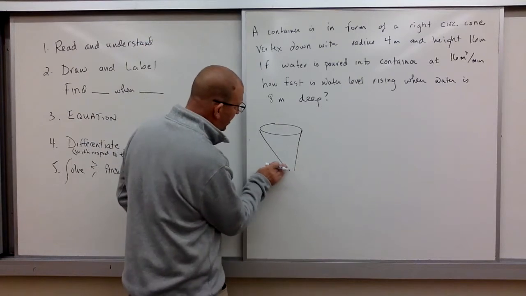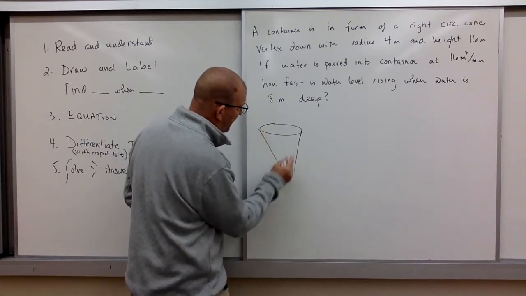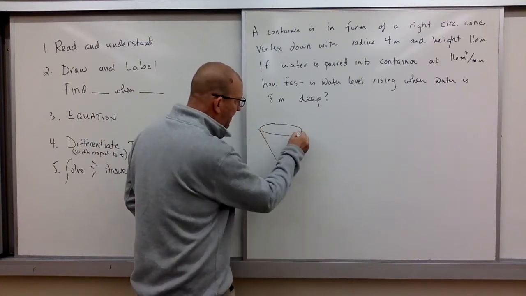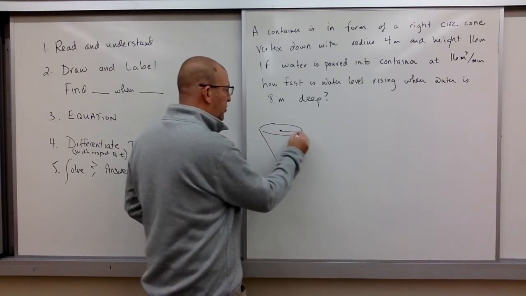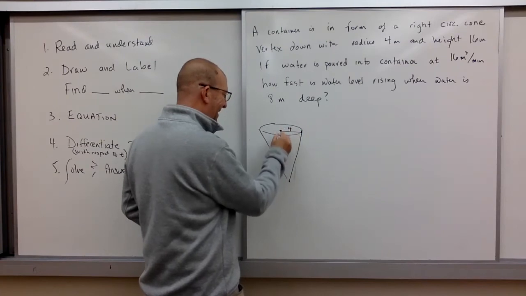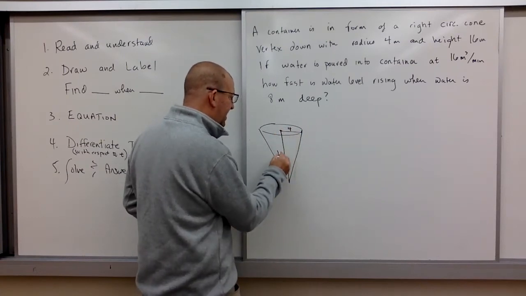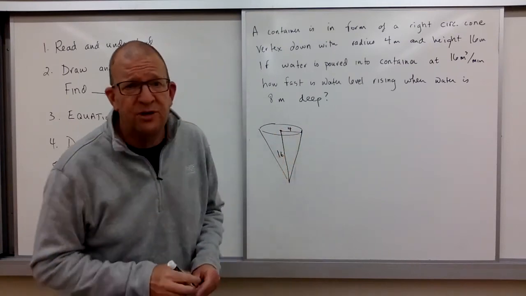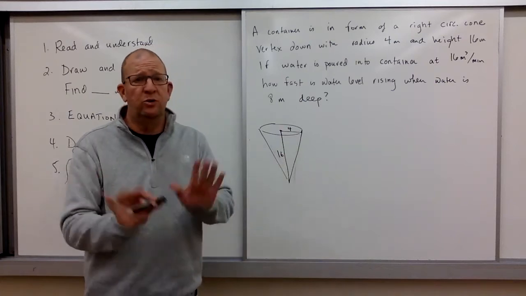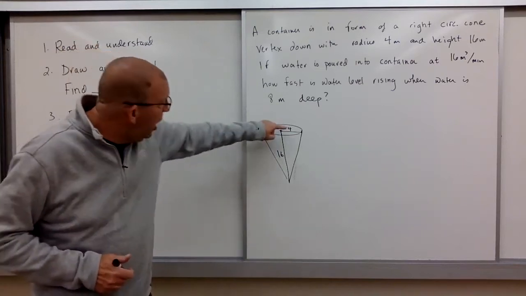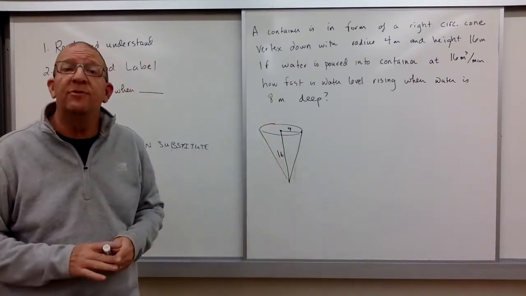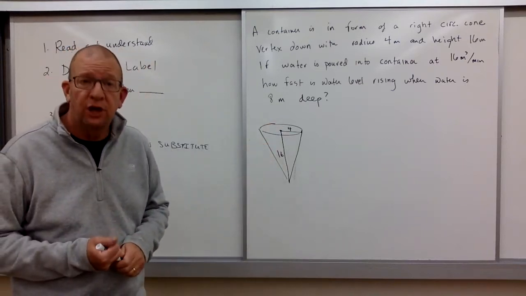That could be drawn a little bit better, couldn't it? Okay, now, what do we know about the cone? The radius is 4 and the height is 16. And as you remember from geometry class, I know we try to forget 9th grade, but the R to H ratio will be the same throughout the cone.